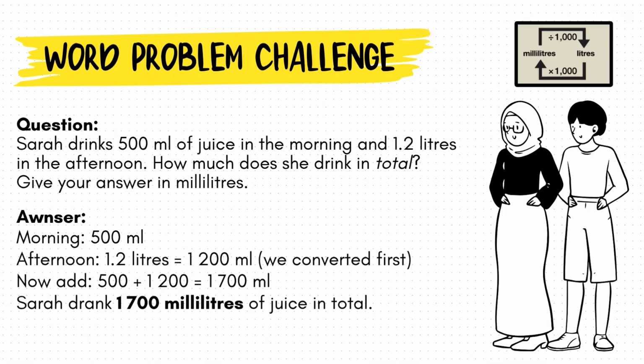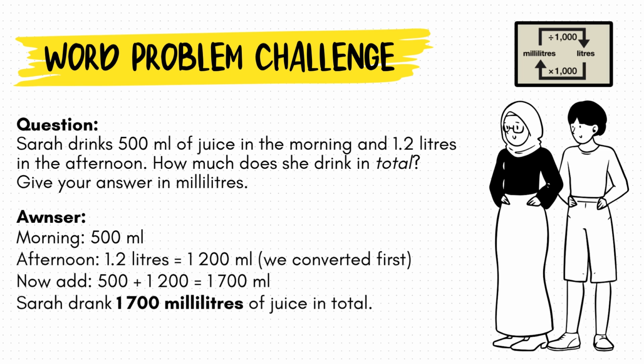So here's a challenge. The question is Sarah drinks 500 milliliters of juice in the morning and 1.2 liters in the afternoon. How much does she drink in total? Give your answer in milliliters. Let's solve it together. In the morning, she drank 500 milliliters, and in the afternoon, she drank 1.2 liters.